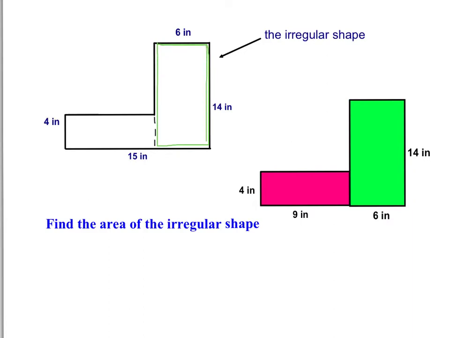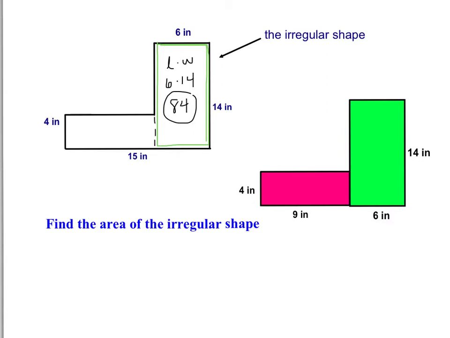How do I find the area? Well, we know the area is length times width, so it's 6 times 14, which is equal to 84. I always like to circle my area so I remember that's the area of that one rectangle.